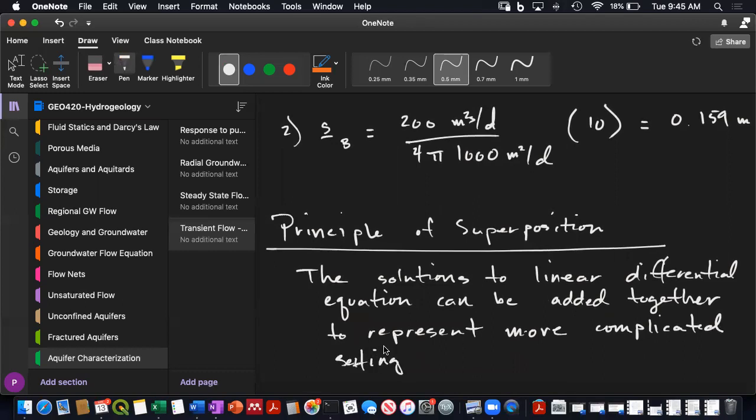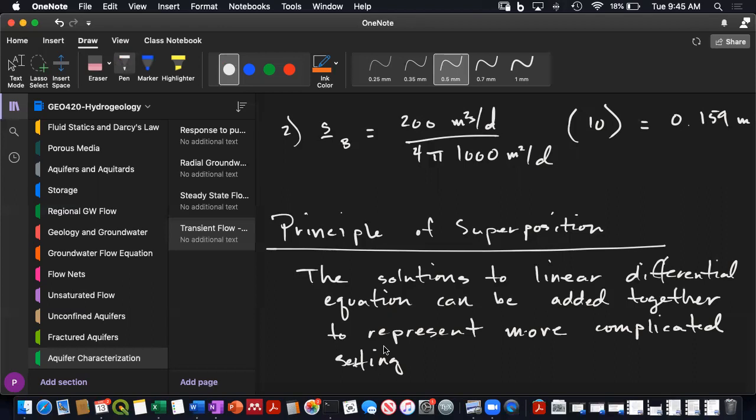So for the Theis equation, we could actually have as many pumping wells as we want. They could be pumping for different amounts of time. They could be pumping at different rates. They can be at all different radii. We just calculate the drawdown for each one individually, and then we add them together. That's the principle of superposition.